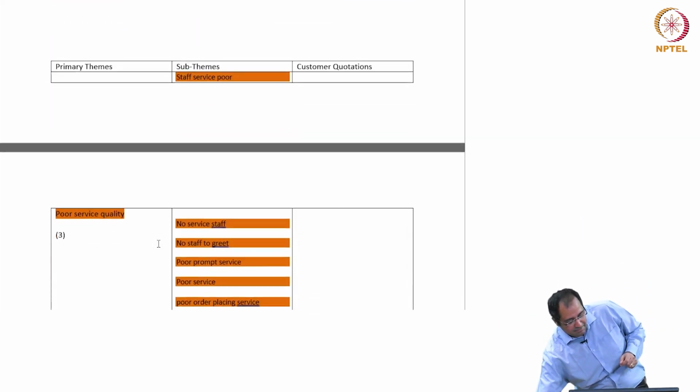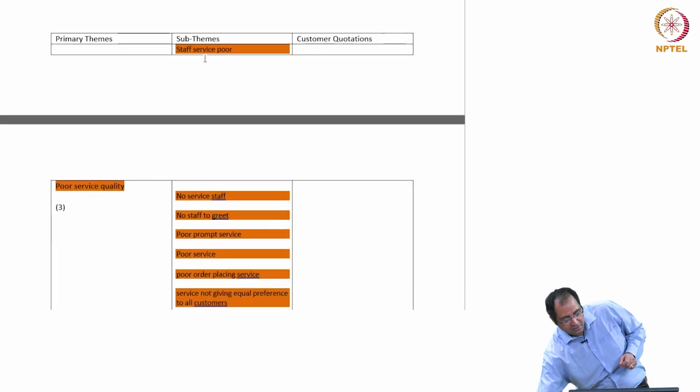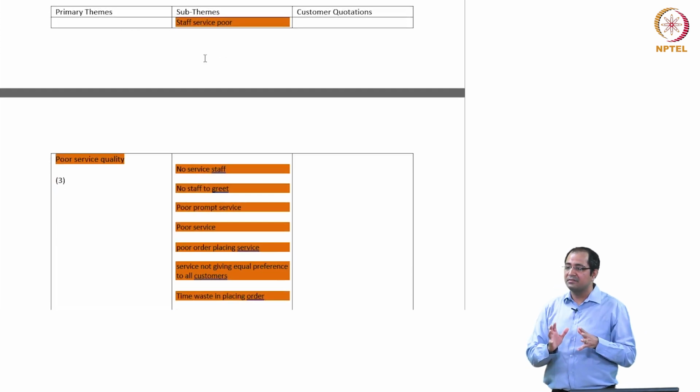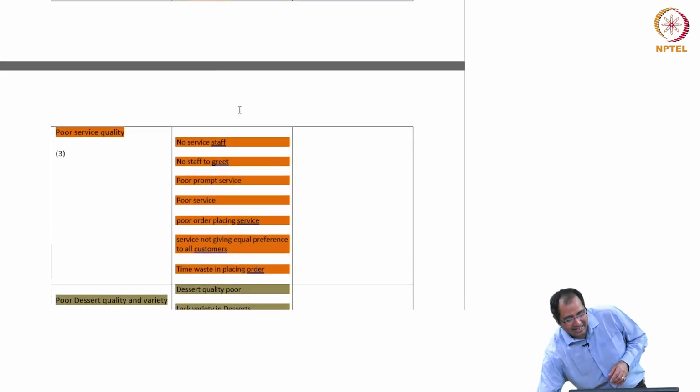Then in the next step, for all the codes that were put in the same color, you gather them under the sub themes. In this case orange. In the orange, all these sub-themes for poor staff service are written.